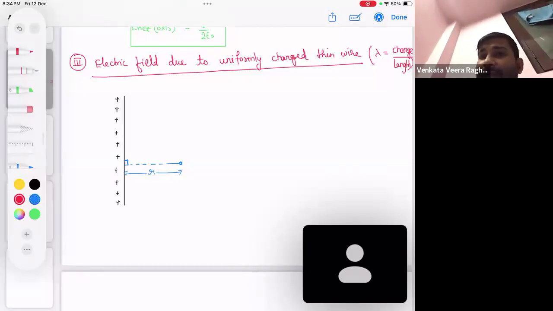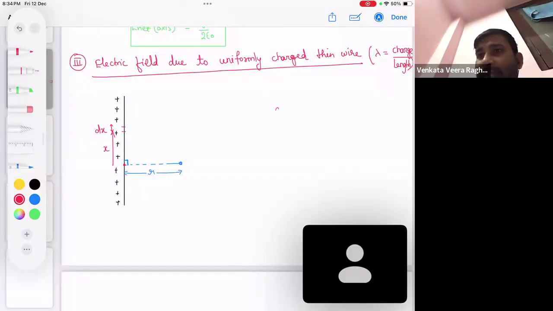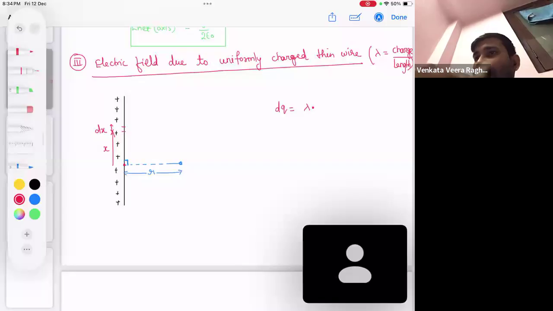So what should we do? Can we divide this rod into many small parts? So what I did, at a distance x, I considered a small element of thickness dx. First of all, tell me, what is going to be the dq? What will be the charge on the small element? Is that going to be charge per unit length into the length of element?